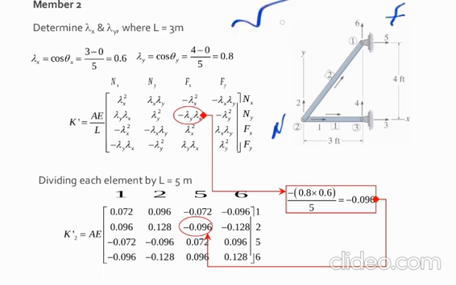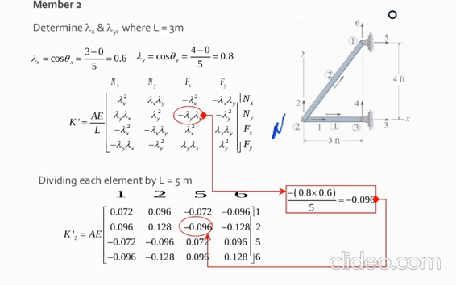How can we find it? 3 square plus 4 square equals 25, and the square root is 5. This is the length of member number 2, because it's an inclined member.